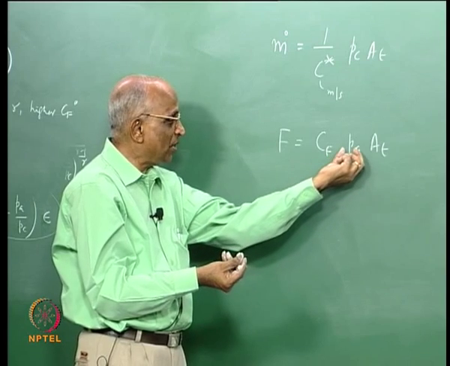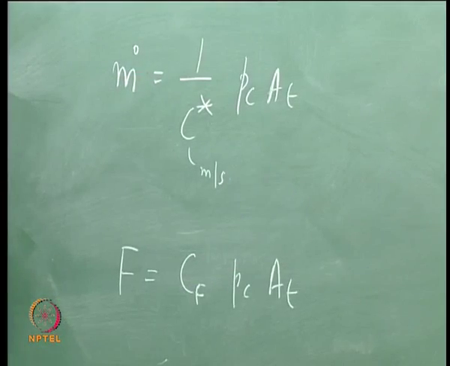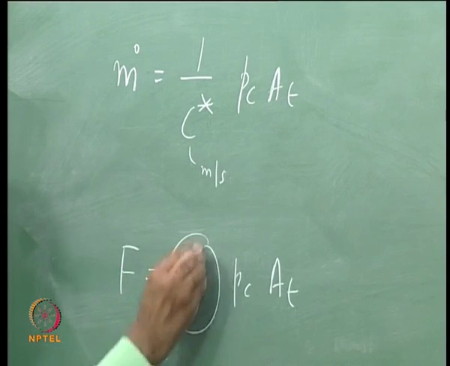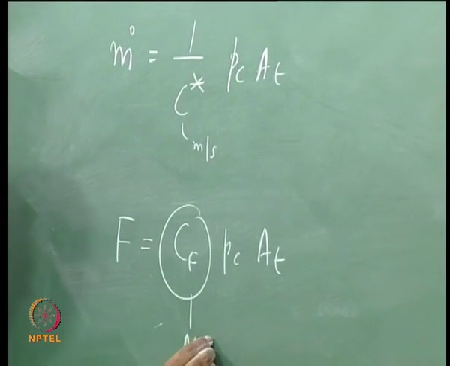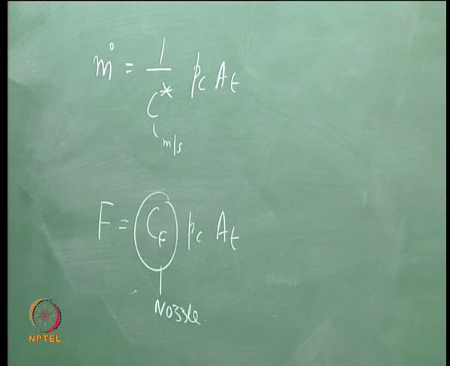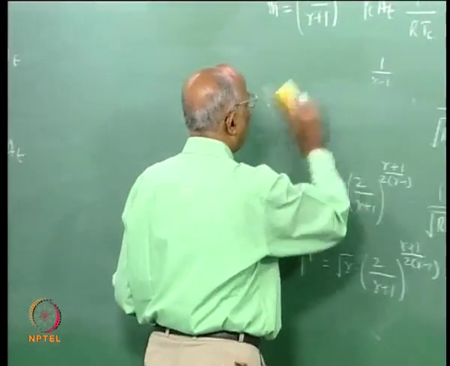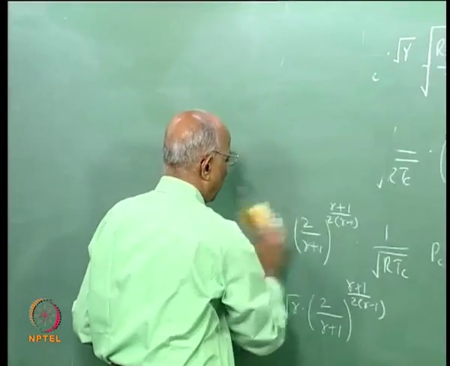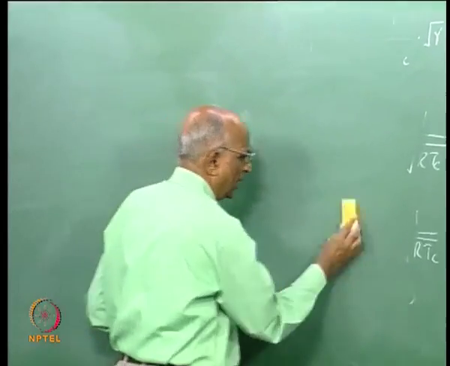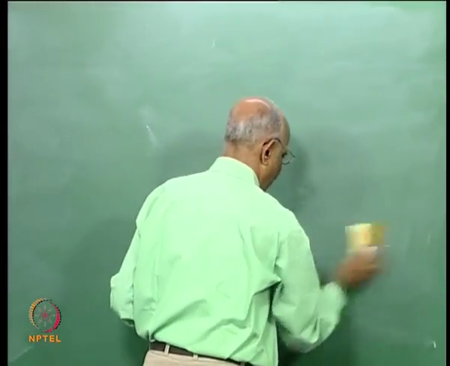It takes the chamber pressure, multiplies by a coefficient, it gives you the force, and that is why we say this is the performance of a nozzle. I think I need to go a little deeper into this particular expression. Therefore, let us write out these two expressions in a slightly different form and dwell on this for maybe the next couple of minutes, and with that I think we would have done some justice to the nozzle.